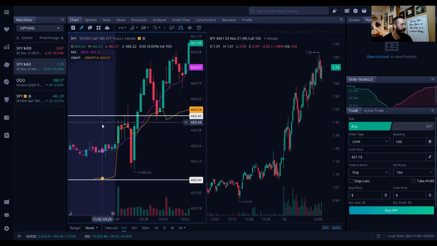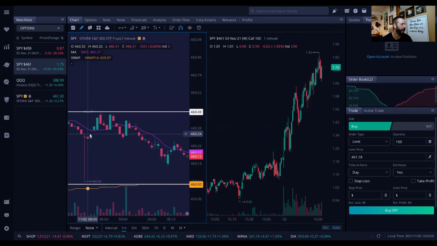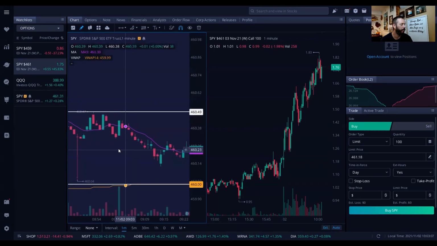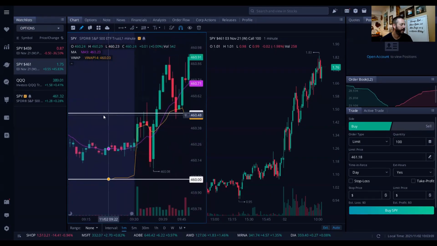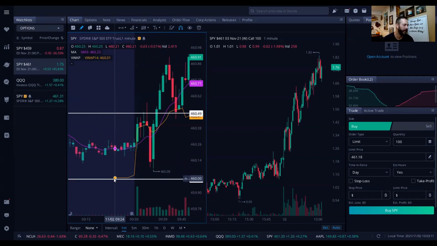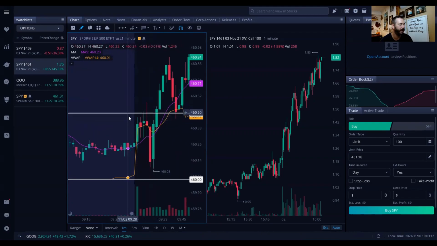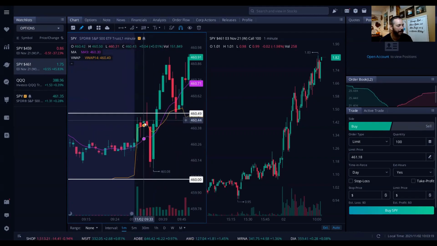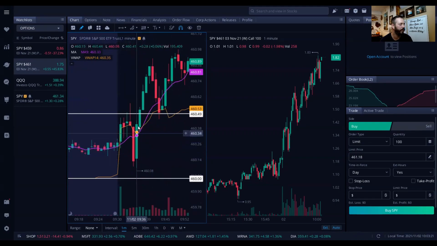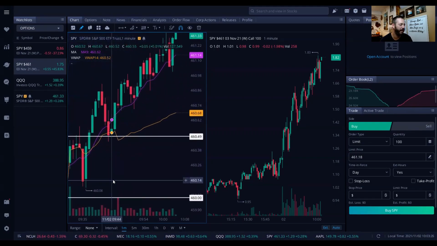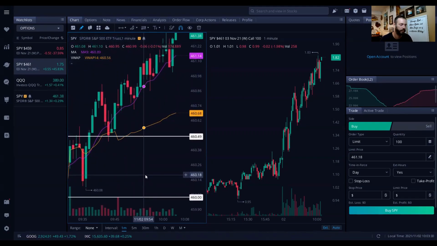So if we look at this one from the pre-market, right here, this was our pre-market high at 460.49. Call it 460.50. That was the area. You can see here for the first 5 or 6 minutes, price could not break out of that. Once we see this, that's a very bullish sign, and that was the time to get in.